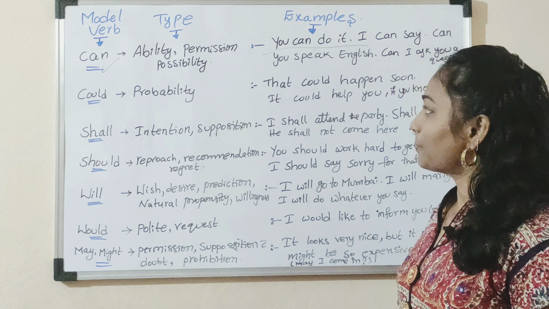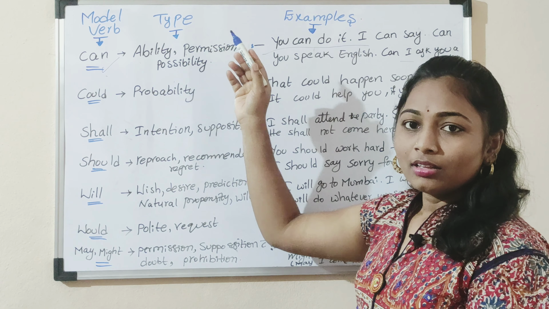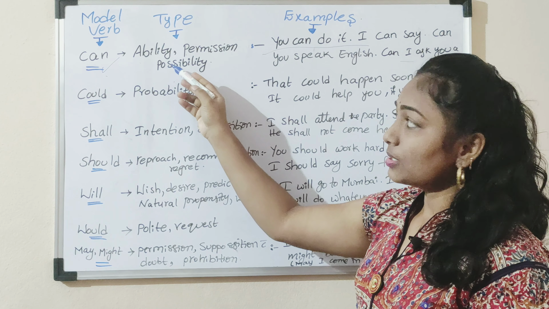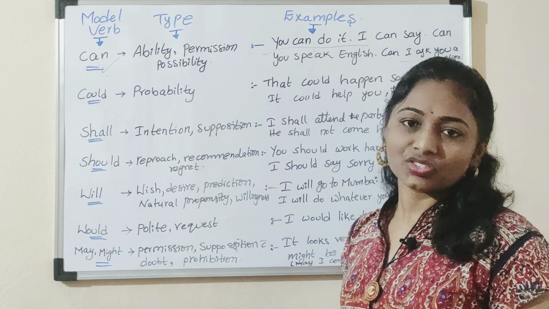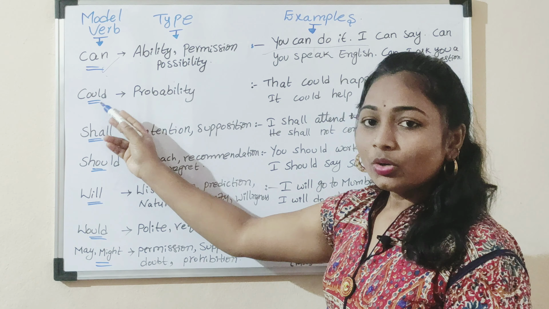And I can say, or can you speak English? This is about taking permission. Now, can I ask you a question? Taking permission. This is about can. In these various circumstances, you can use can as a helping verb, which can make your sentence extraordinary.